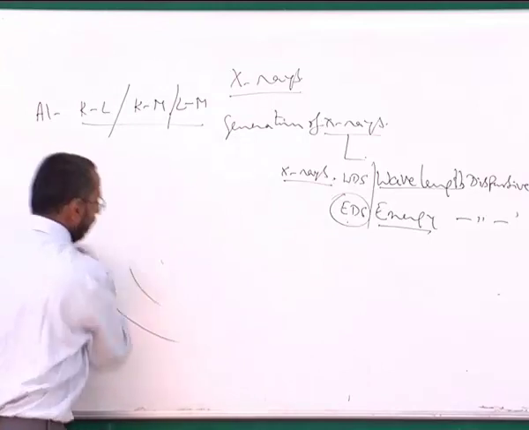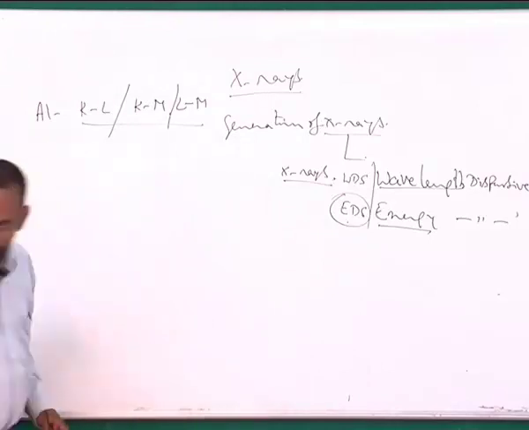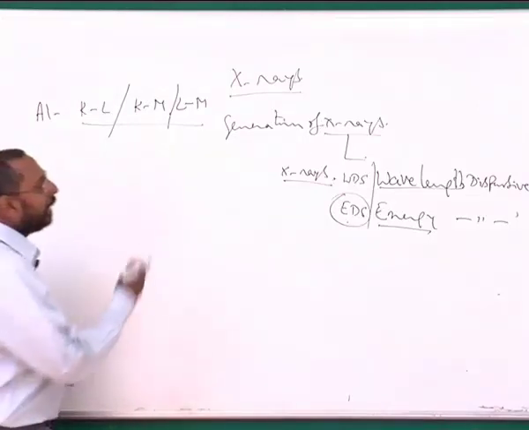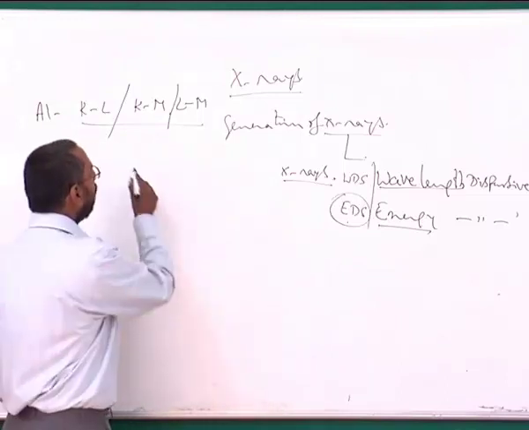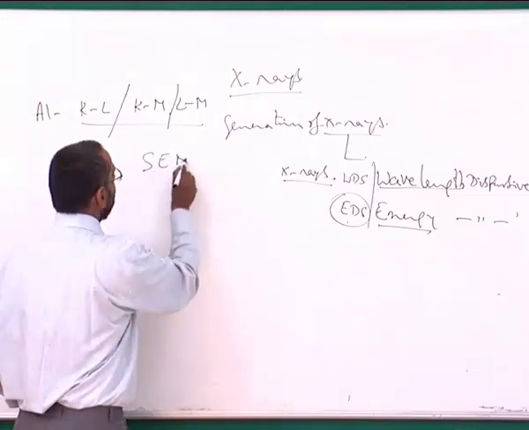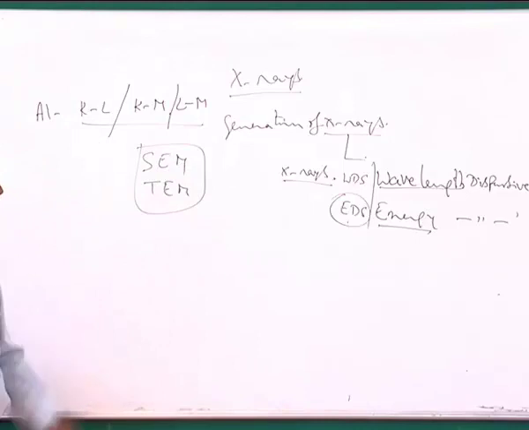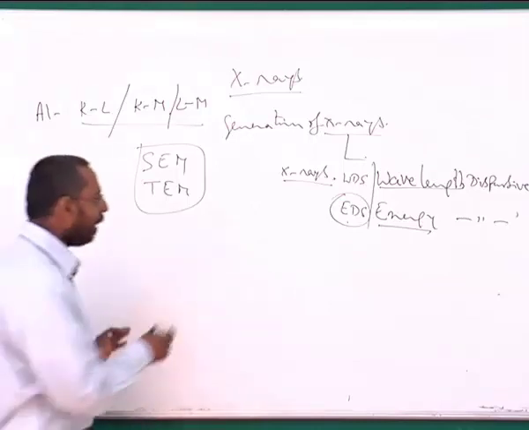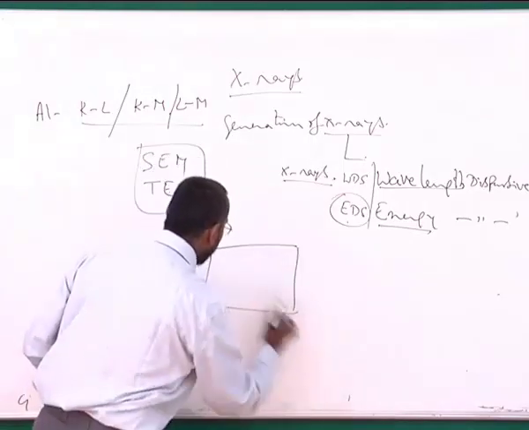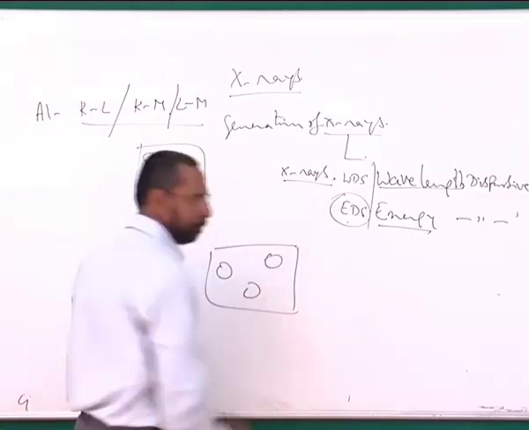This technique is usually used in tandem with either SEM or TEM. Very rarely is EDS used exclusively, because EDS or WDS are always used to find out the composition of a phase inside my sample.